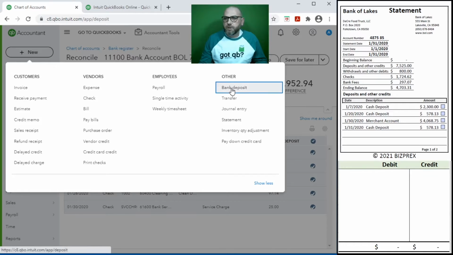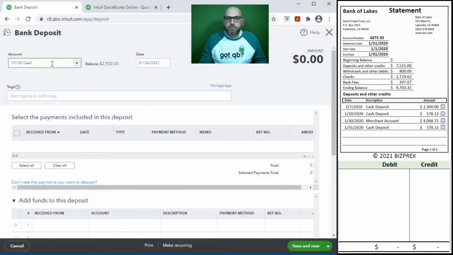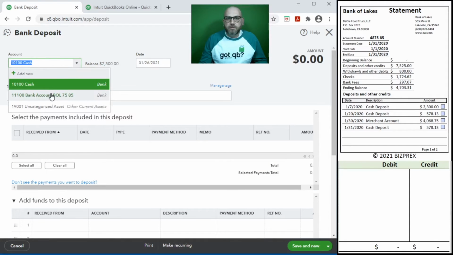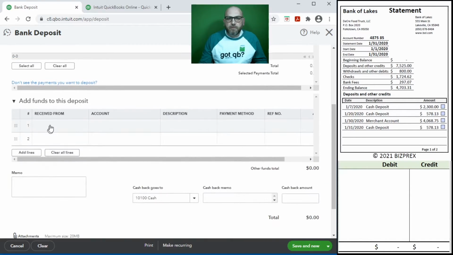Okay, let's do bank deposits. This one is going to our bank account. First one is, again, let's make sure we get the date correctly. All right. Okay, here we are.